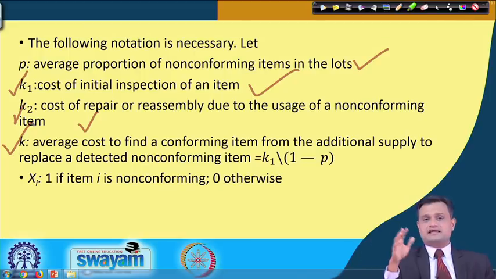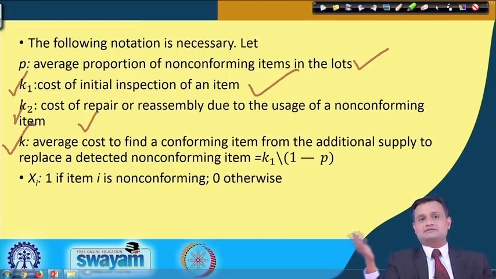Now the vendor will supply a new lot, but again you will not accept it just like that. You will inspect it and there would be some cost incurred on the inspection for identifying the conforming item which can be substituted, replaced for the non-conforming item in the lot.